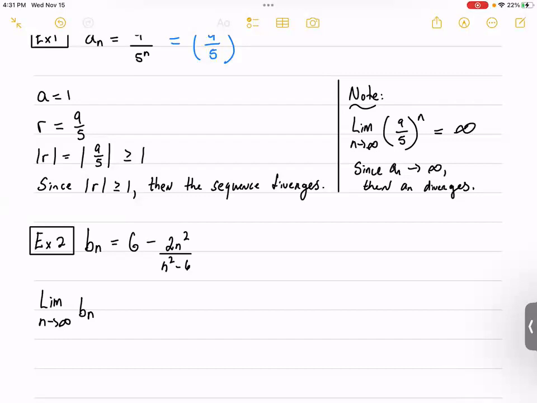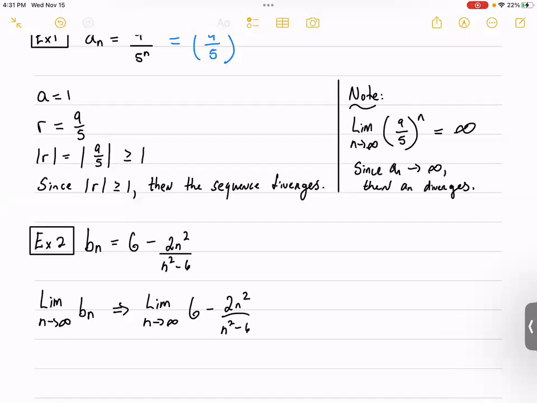So since b_n was defined as 6 minus 2n squared over n squared minus 6, that's the limit as n approaches infinity of what I'm computing. Now, to show you the properties of limits that are happening here, since I have a difference of 2 terms, 6 is a single term, and 2n squared over n squared minus 6 can be considered another term.